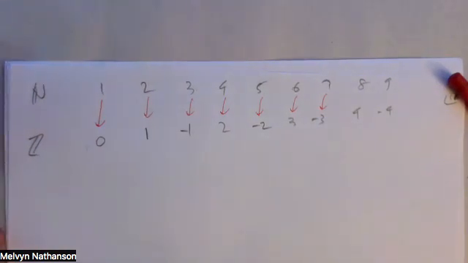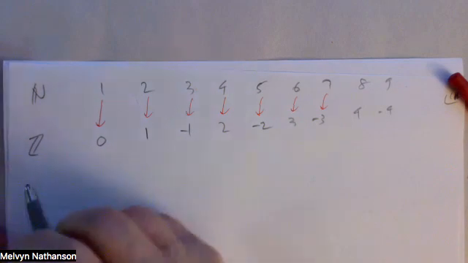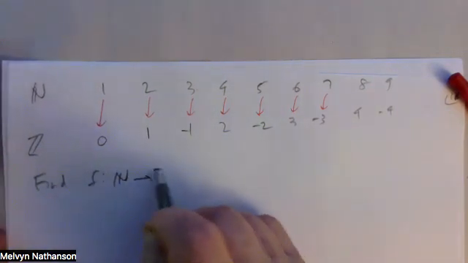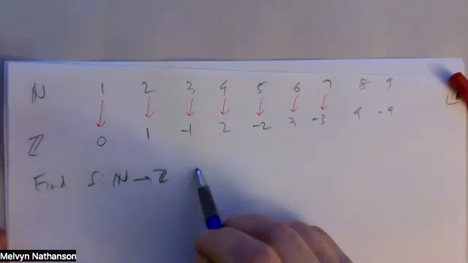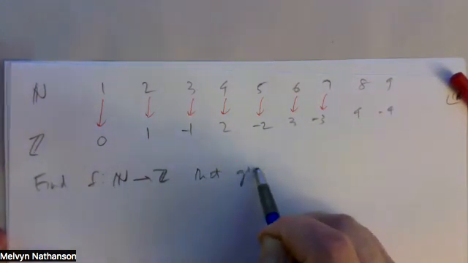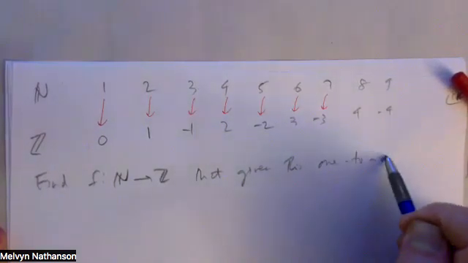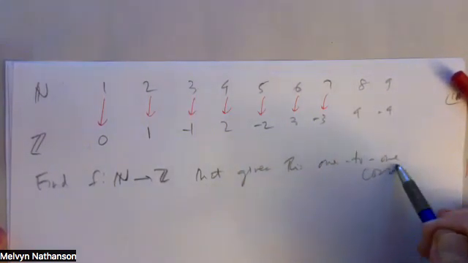Let's see, what's the formula for this? Let's try to find a function f from N to Z that gives this one-to-one correspondence.